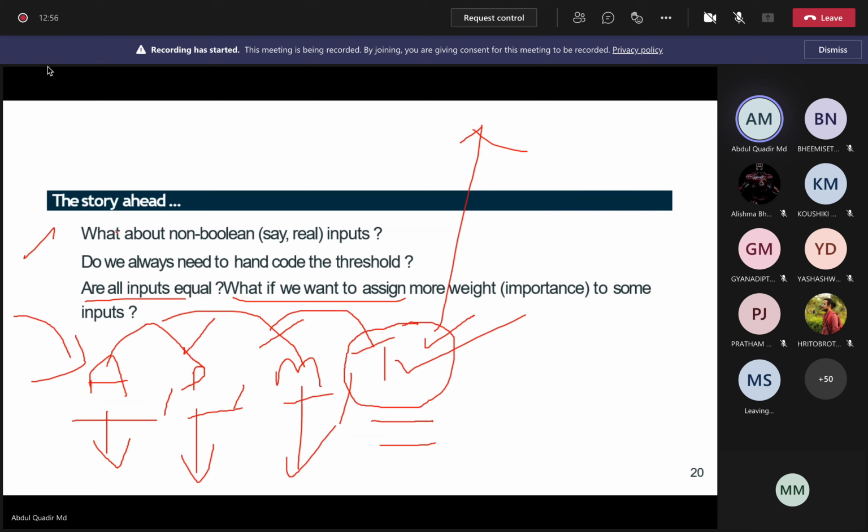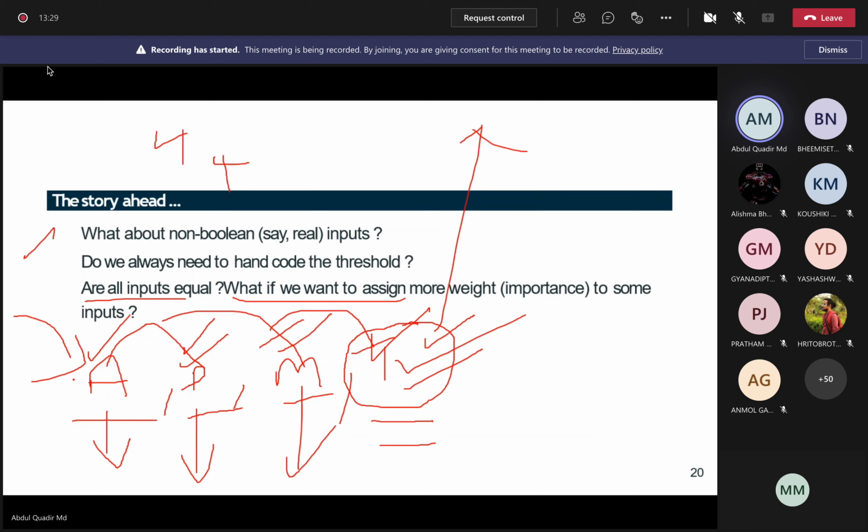But in the MP neuron, once the threshold is set, it should be actor, director, music, and thriller, all of them, only then will I be able to predict that I can watch the movie. But here, if the movie is a thriller, I am really focused on the thriller alone, so the input will be more on thriller rather than the actor or the director or the musician.